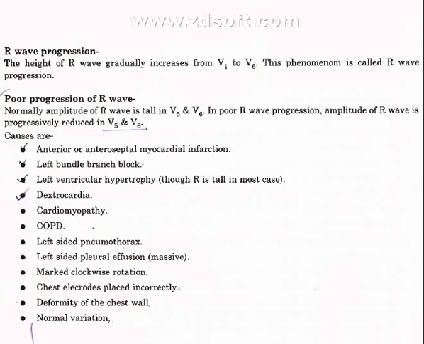Now, poor progression of R wave. Normally, amplitude of R wave is tallest in V5 and V6. In poor R wave progression, amplitude of R wave is progressively reduced in V5 and V6.